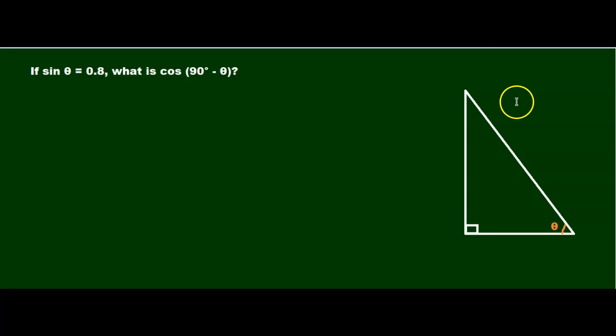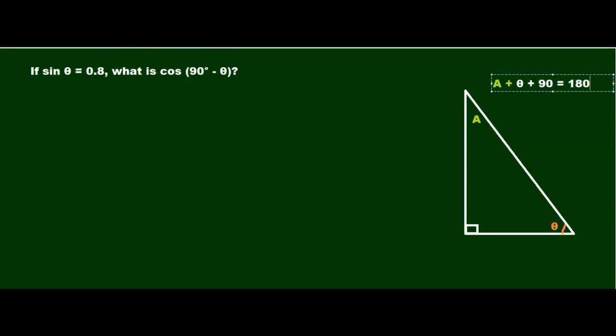Okay, using angle sum of triangle, let's call this angle A. We can say that angle A plus theta plus 90 equals 180.